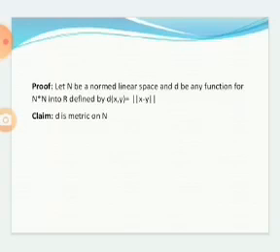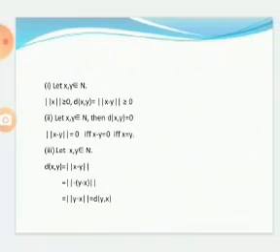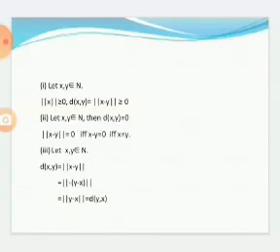So we already discussed the normed linear space definition. Those four conditions are used to prove this theorem. Let x, y belong to N. Here N is a normed linear space. We already know every element in N has a non-negative norm.